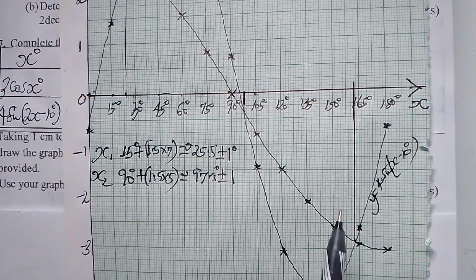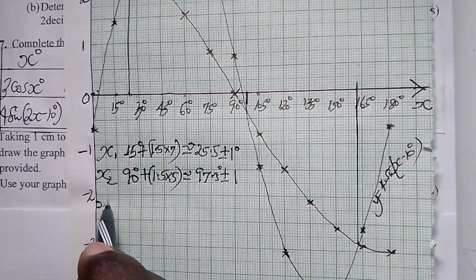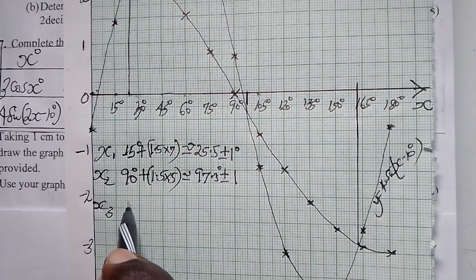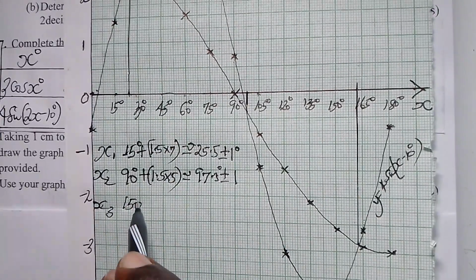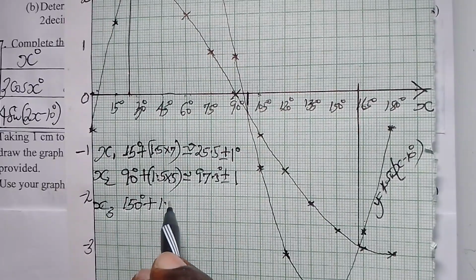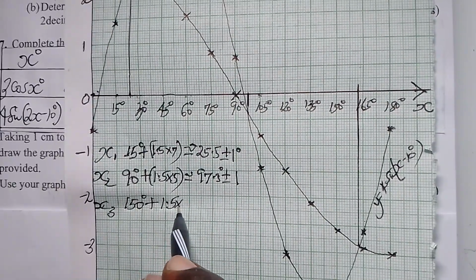So that value, x3 will be equal to 150 degrees plus 1.5 times 8.